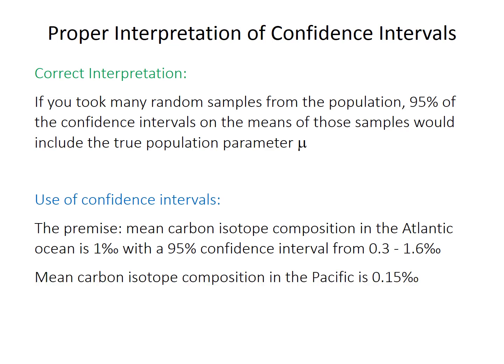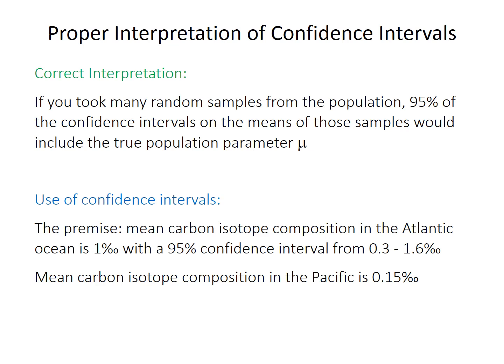Let's say we also measure a bunch of samples from the Pacific Ocean, and we calculate their carbon isotope composition as 0.15 per mil. You'll notice that the sample mean for the Pacific falls outside of the 95% confidence interval for the Atlantic data.